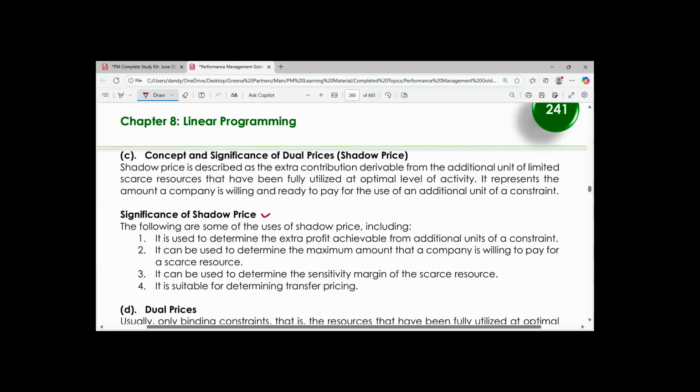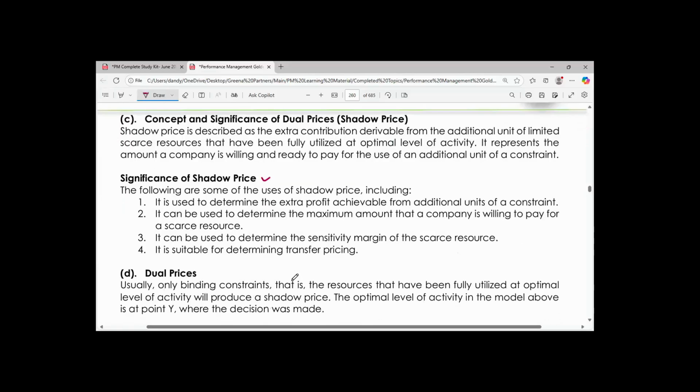All right. So we are saying that our decision here is that the highest level of activity is that point Y, point 4. It is that point where you are going to see the binding constraint. At that point Y is where you are going to get the extra contribution derivable from the additional unit of that constraint. That's what we are trying to say here as far as the dual price is concerned.